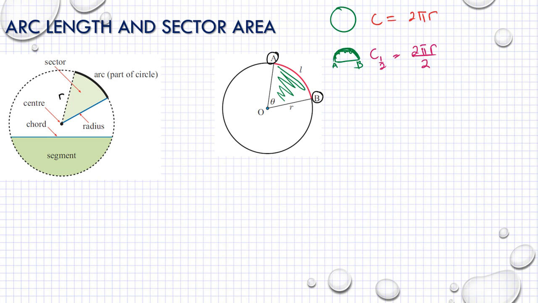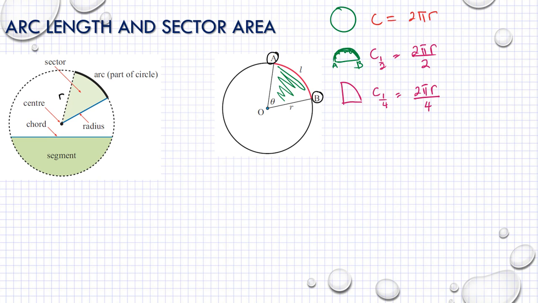And then if we have a 1/4 circle, the circumference of that is 2 pi r divided by 4.